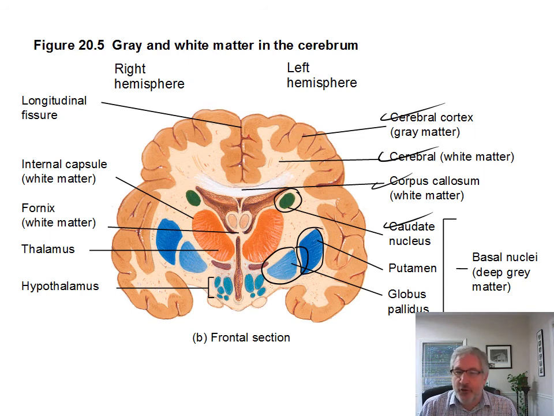I'm going to show you a picture of what those look like later on. But for now, let's just concentrate on gray and white matter. So we have the fornix, white matter, and we have the corpus callosum over here. The label over here. So the fornix, looking at it from the front side, is this region there, and then the corpus callosum is region up here.